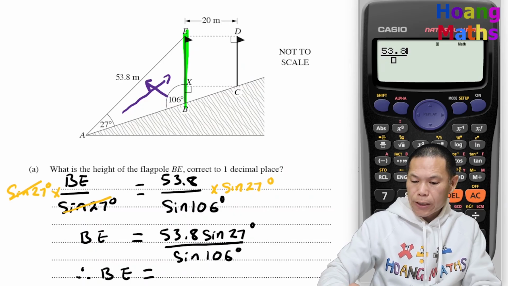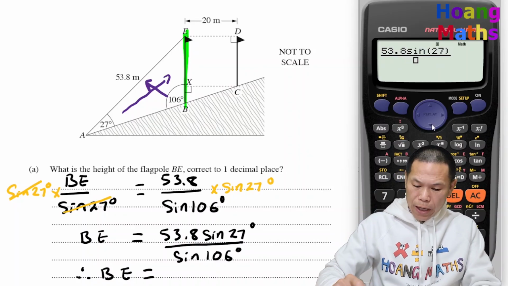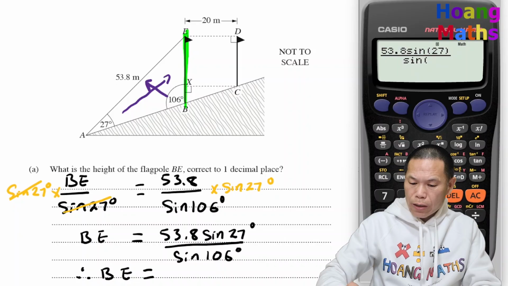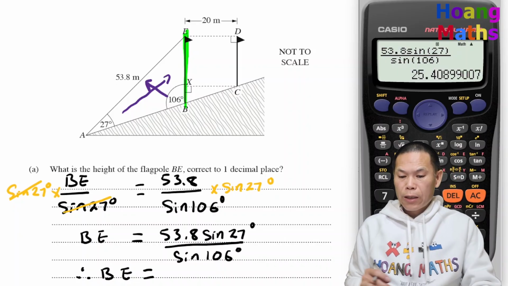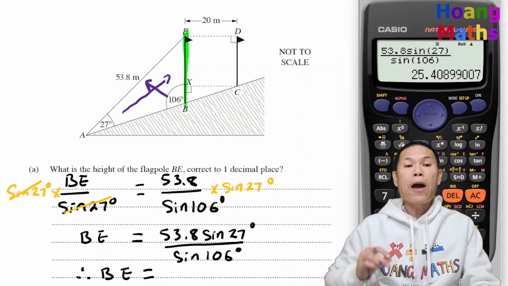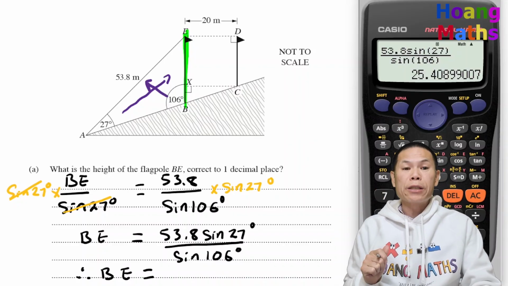So therefore, the length of BE, go fractions: 53.8 sine of 27 degrees, and do not forget to bracket it, okay? And then divide by sine 106 degrees. So there you go, 25.408 and so on, correct to one decimal place.